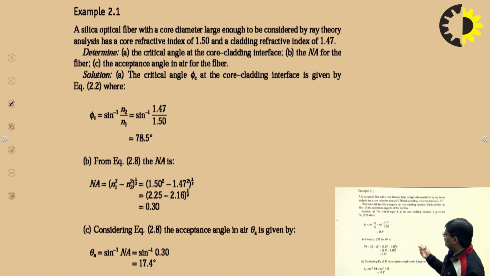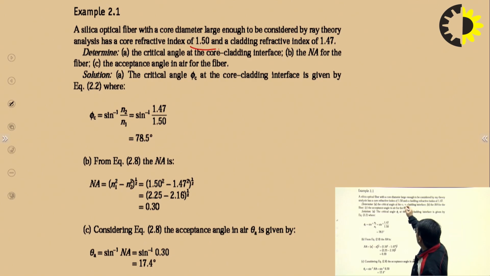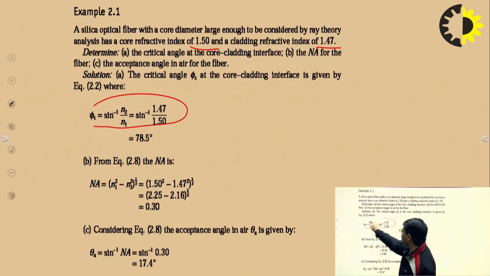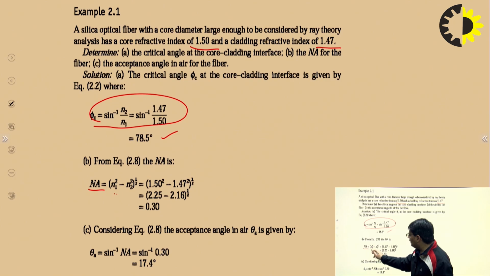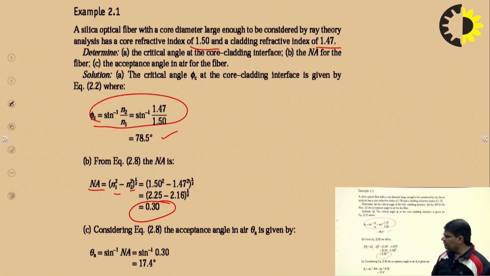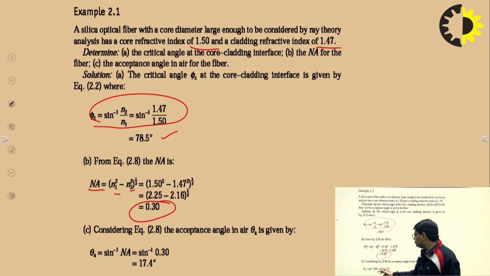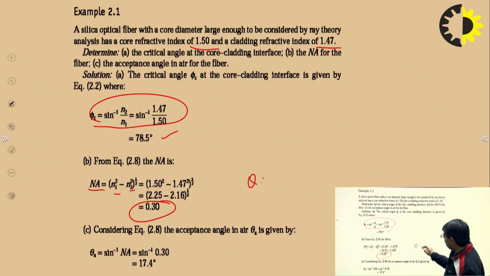This is one numerical where the refractive index of the core n1 is given and n2 is given. Then we can calculate the critical angle, sine inverse n2 by n1, which is 78.5 degree. In a similar way we can calculate the numerical aperture if we are given n1 and n2. This is simply a unitless quantity, the light gathering capability. Then we can also calculate the acceptance angle using the relation with the numerical aperture, theta equal to sine inverse numerical aperture.